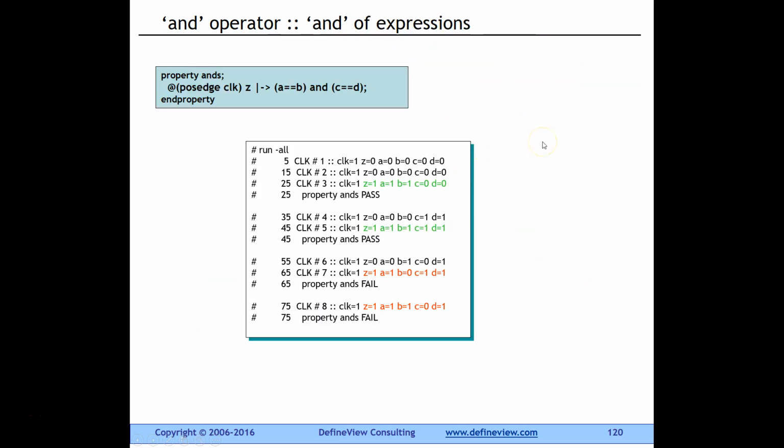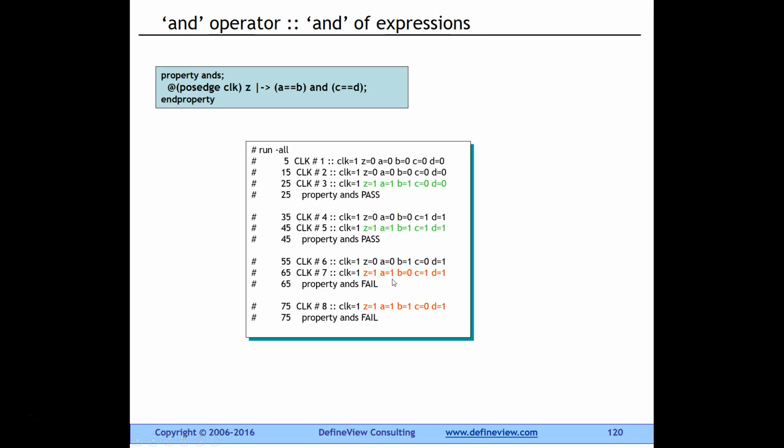This is just to point out that you can do AND of expressions also, in addition to AND of sequences. And this is a very simple property. Z implies that A equal to B, and C equal to D. And obviously in this simulation log, and again this is an overlapping operator, Z is 1, A and B are the same, C and D are the same, property passes.